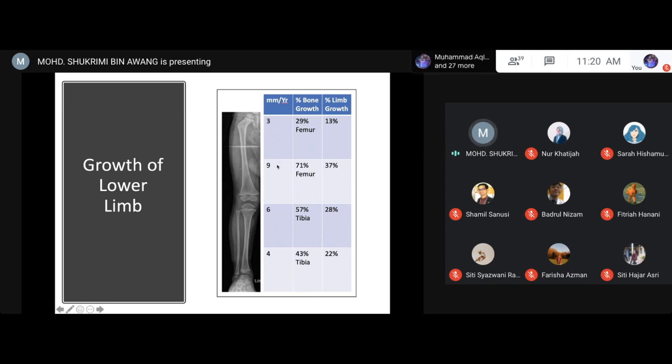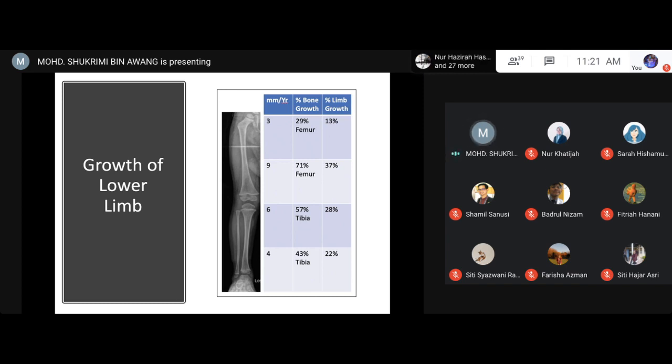Okay, so you can imagine, let's say the patient had trauma to the distal femoral physis, complete damage, let's say due to Salter Harris 5 or severe septic arthritis. So about 9 millimeters to 1 centimeter loss of length per year. Okay, so from this we can predict. Let's say the patient had a problem at the age of 10, a boy.